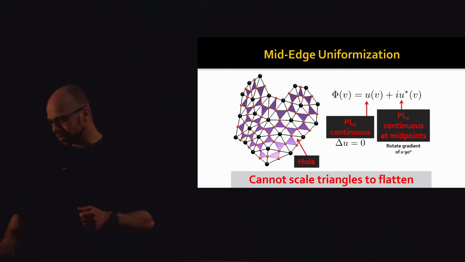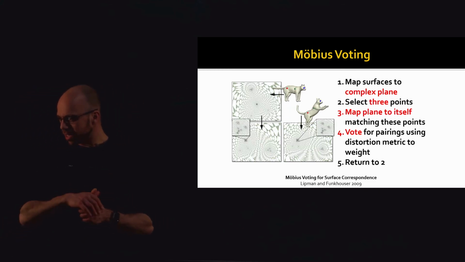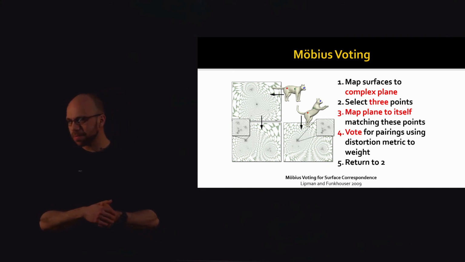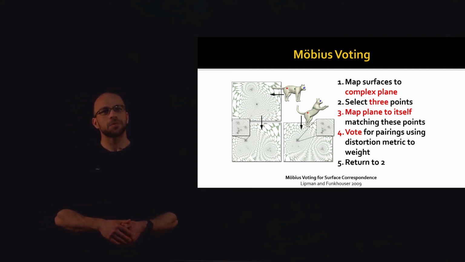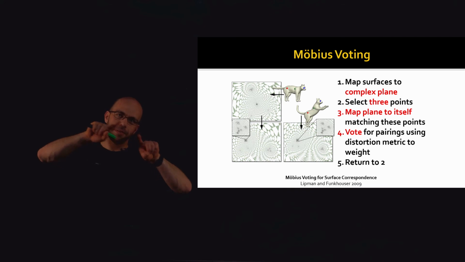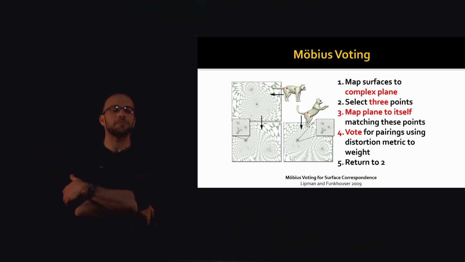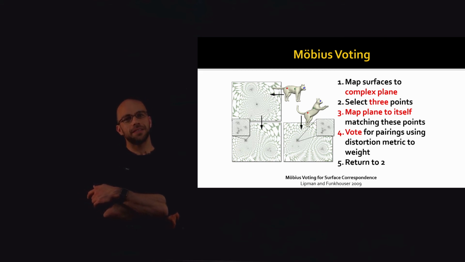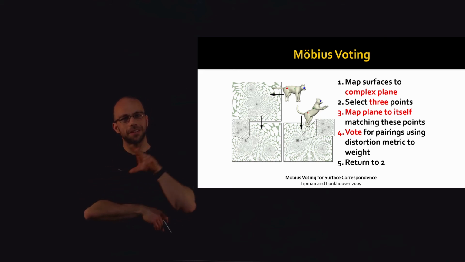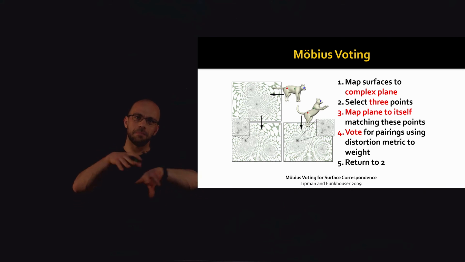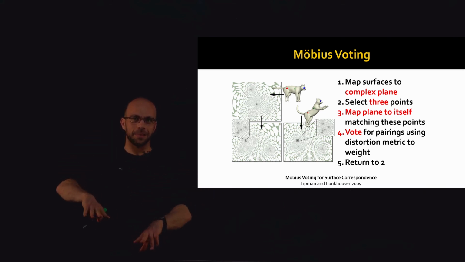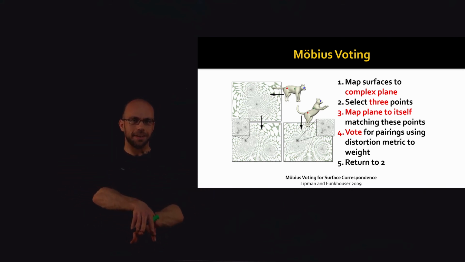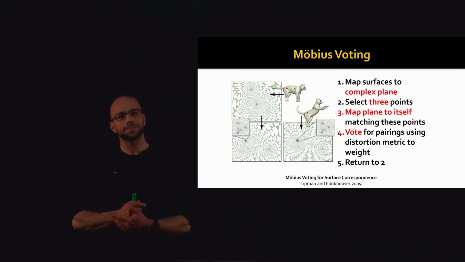So at the end of the day, the Mobius voting algorithm looks like what you see here. Well, what we're going to do is we'll take our two input surfaces and map them into the complex plane in a conformal way. And now, for every set of 3 points on one surface matched to 3 points on another, I'm going to find a Mobius transformation of that underlying plane that takes those 3 points and identifies them in their images.